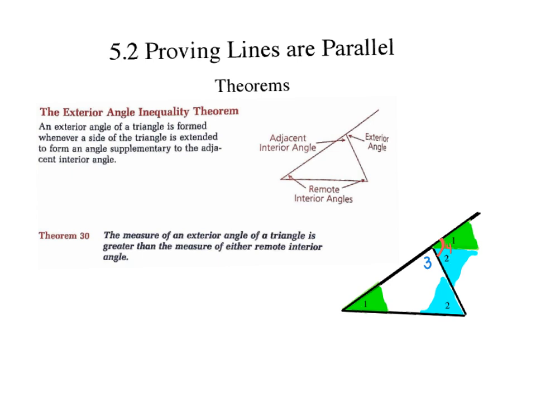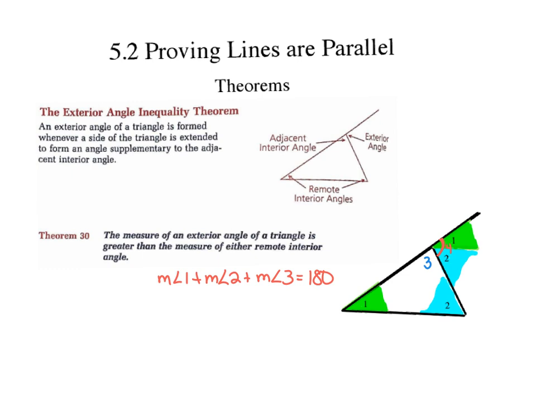So I know that the interior angles of a triangle sum to 180. I also know that because my exterior angle here and angle 3 are a linear pair, that they also sum to 180.